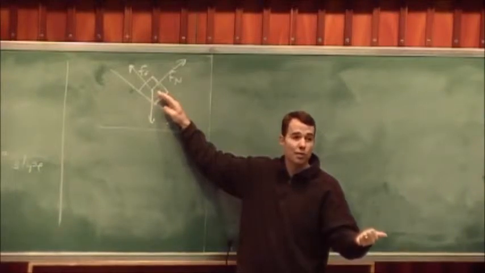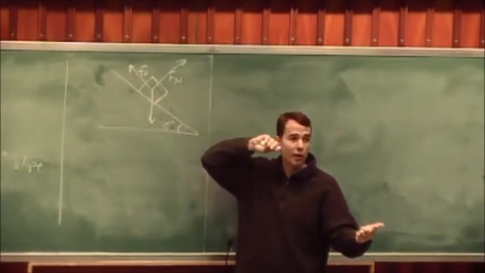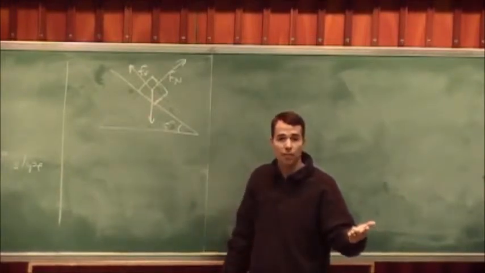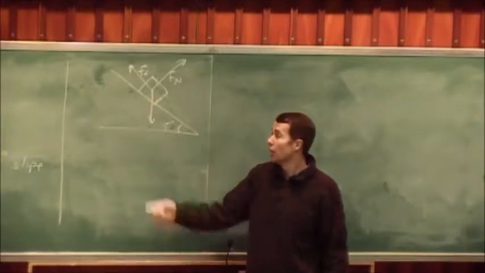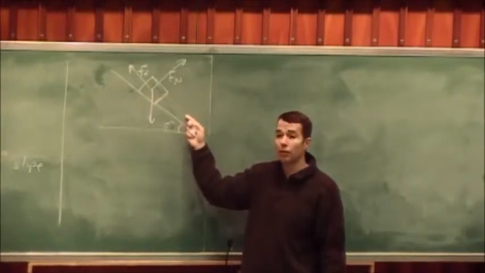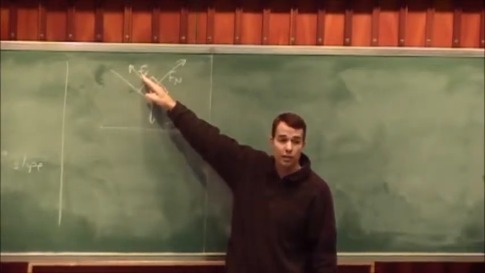So the frictional force is reduced. What else? There's also another reason why this is a bad situation. Yes? Okay, so now we also have a component of gravity that's going in opposition to the force of friction.